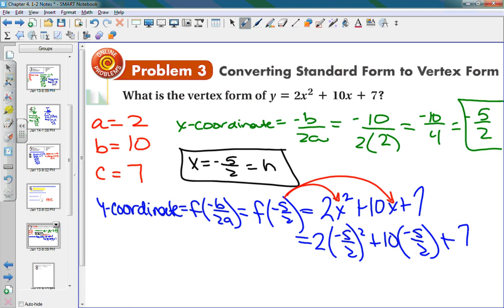Now, I'm not testing you over whether or not you know how to add, subtract, multiply, and divide fractions. What I'm testing you over is, can you find the vertex form of an equation given y equals ax squared plus bx plus c? So I don't care if you want to add, subtract, multiply, and divide. I expect you to know how to do it at this point. Which means if you don't, you need to grab your calculator.